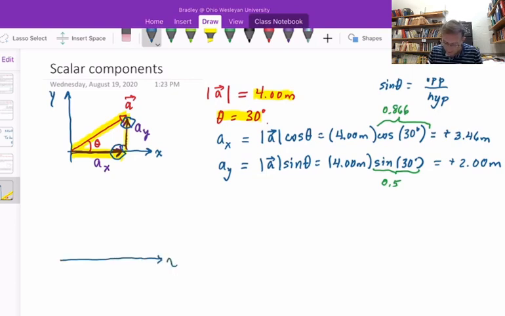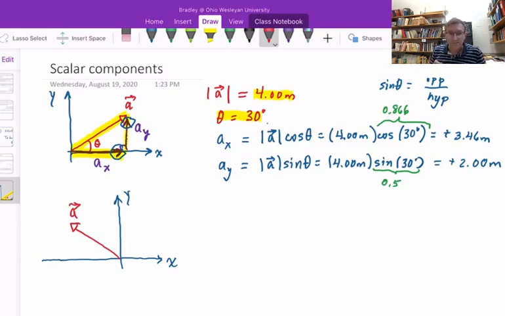I'm going to draw it a little bit different. Like that. And now let me draw the vector A, which points like this. Points into the second quadrant.